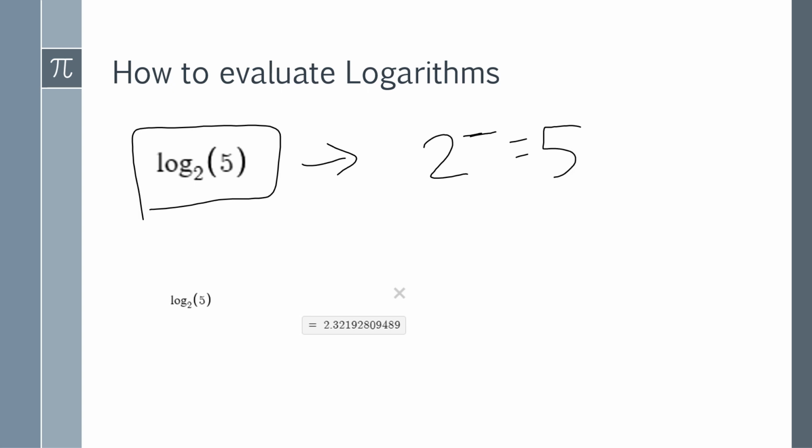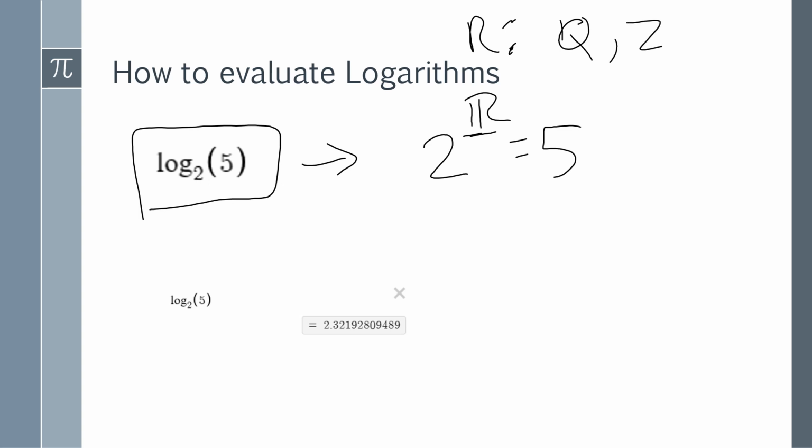Well, there's none. It's going to end up being some type of real number that we don't know about. And don't forget, real numbers include rational numbers.